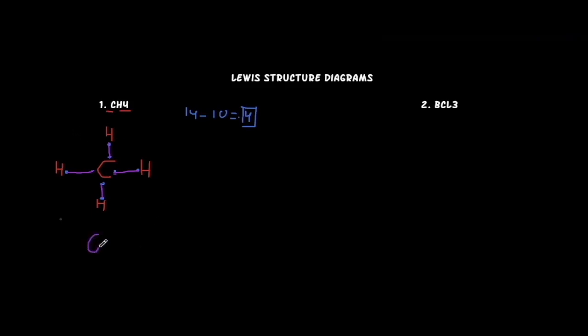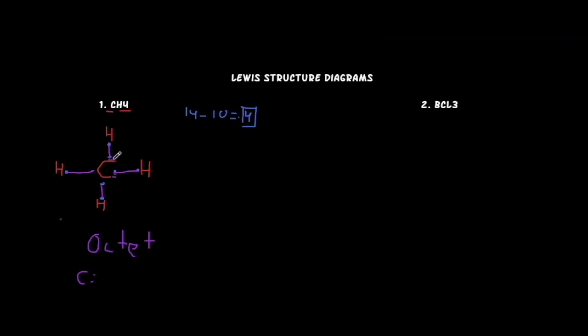So there's a check called an octet, which basically means that an atom should have 8 electrons after you connect them on the Lewis structure. So let's check carbon's octet. So here we have C, and we know that this is 1 electron.